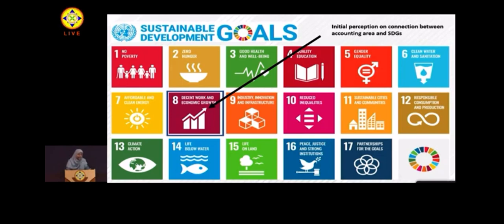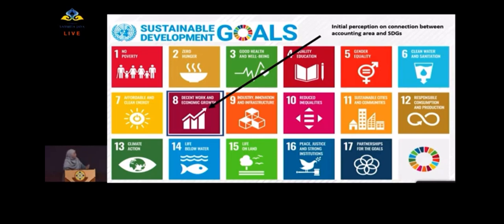If you have ever heard about THE Impact Ranking, it is a ranking that looks into the efforts by universities to tackle sustainability issues. They want universities to put in effort together to achieve the United Nations goals. So we have to submit our data in order to be ranked under THE Impact Ranking.